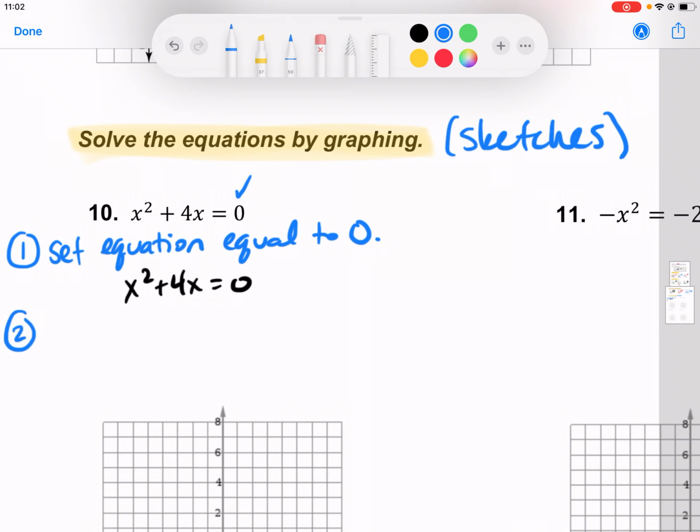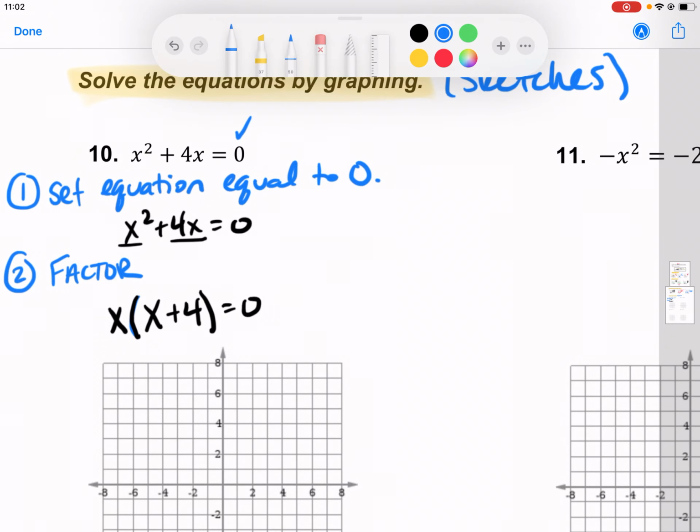Step 2 then is to factor. And in order to factor this one, there's only 2 terms. First thing you always do with factoring is greatest common factor. So I can divide both of those by an x, and then when you divide x squared by x, you get just x, and 4x divided by x is plus 4.